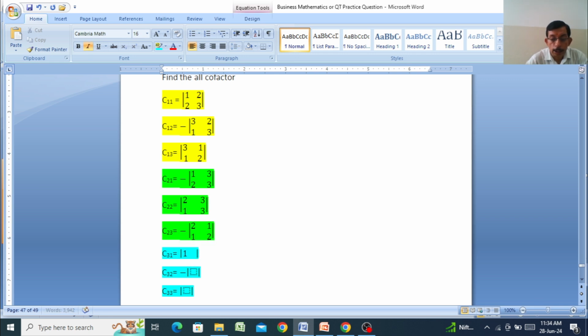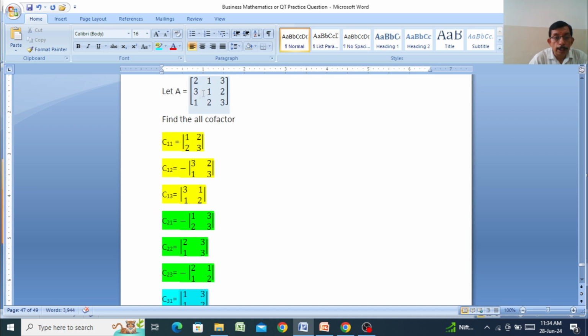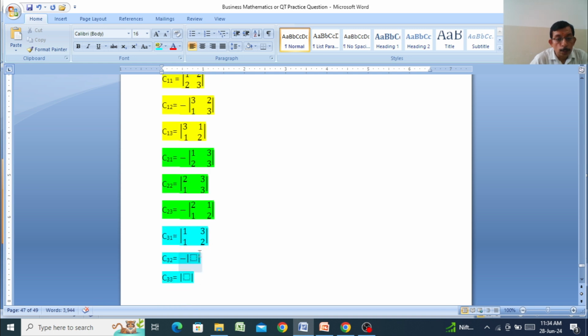Is it clear, everyone? Now C31. The third row, first column element is cancelled out, leaving 1, 3, 1, 2. Is it clear? C32: the third row, second column element is cancelled out, leaving 2, 3, 3, 2.